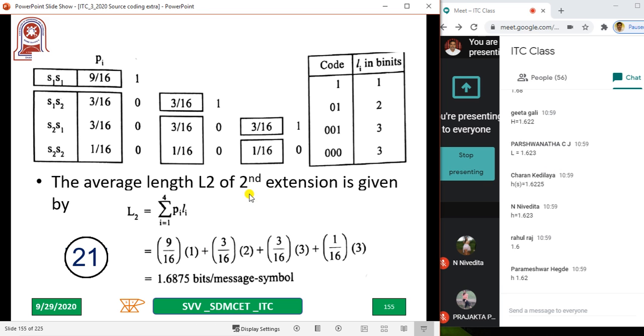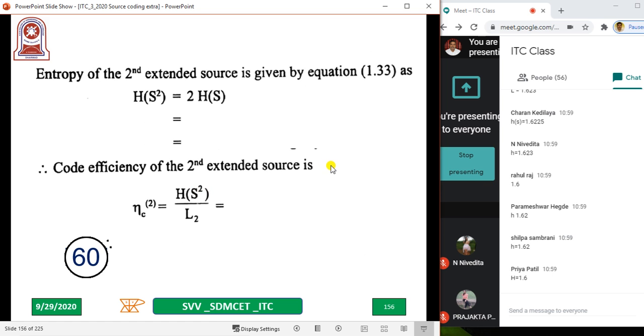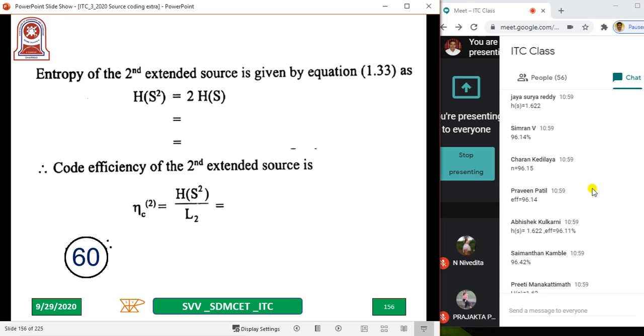Very good. Now find out the H of S square. There is no need to find it using any other method. Simply multiply H of S by 2. So we'll get H of S square, and find out the efficiency. Abhishek Kulkarni has typed, I think H of S 1.622, efficiency 96.11, Sai Mantha 96.4, Preeti has typed the answer.